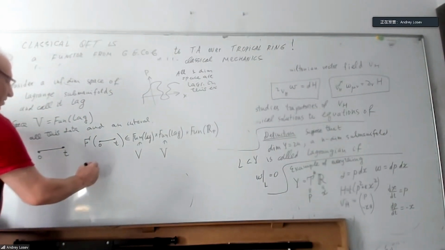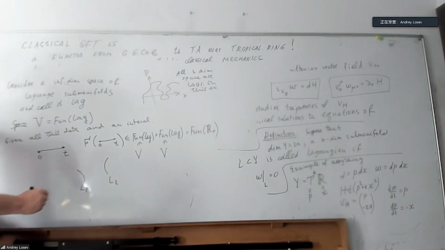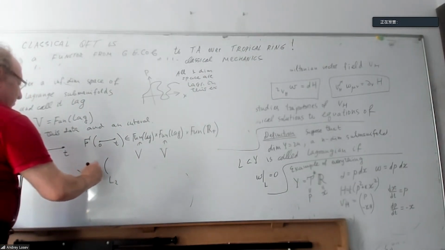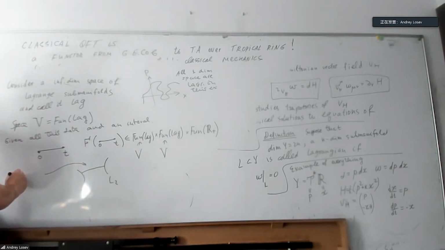I have L1, I have L2, then assume that I have a unique classical trajectory.